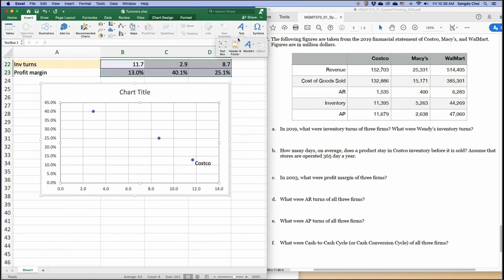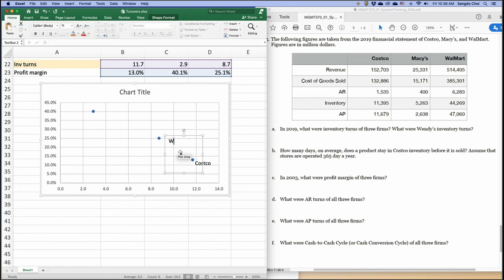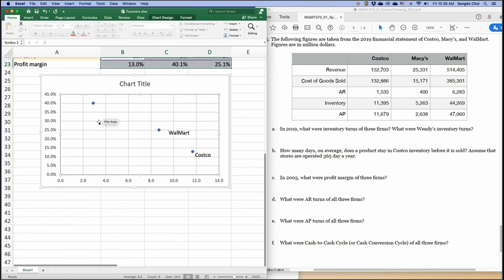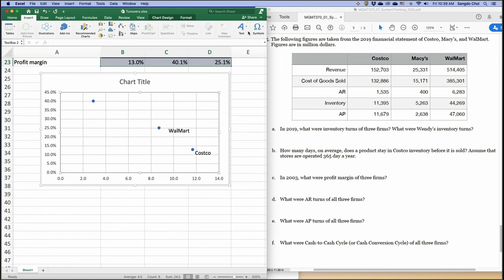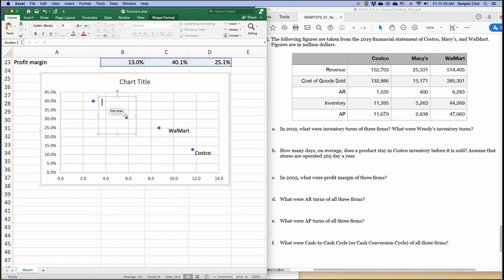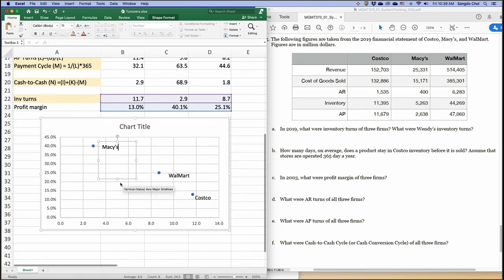I will add some description. This is Walmart. And I will add another description. This is Macy's. Macy's has the highest profit margin, but they move very slowly. Costco's margin is very small, but they move very fast.